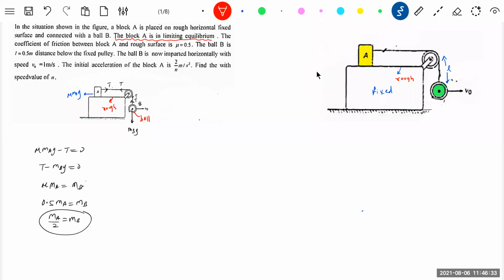So the tension will no longer be the same, some other tension will come into the picture. Earlier tension, let it be T naught. Then the weight mg will act here, the tension here, and the friction mu mg, and it will accelerate.